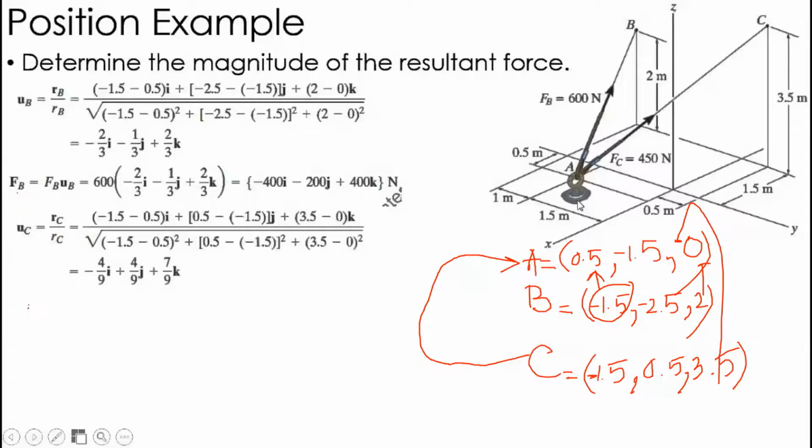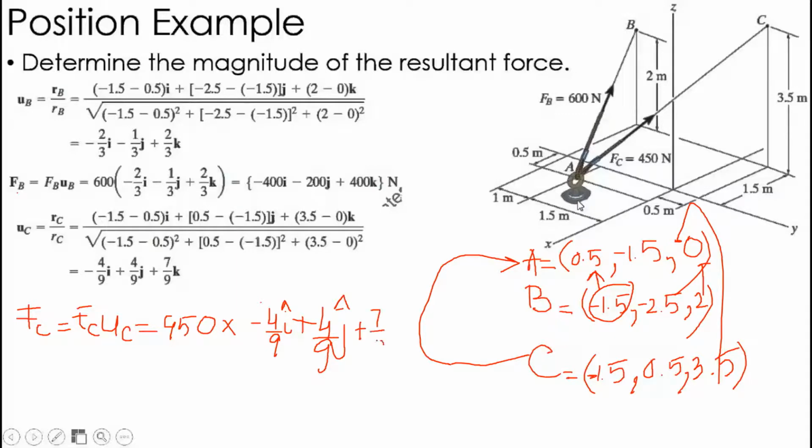Now in this case, you put F_C equals, as you have done in the force vector, F_C u_C here, and you put the value of F_C as 450, and you multiply it with minus 4 upon 9 i cap plus 4 upon 9 j cap plus 7 upon 9 k cap.